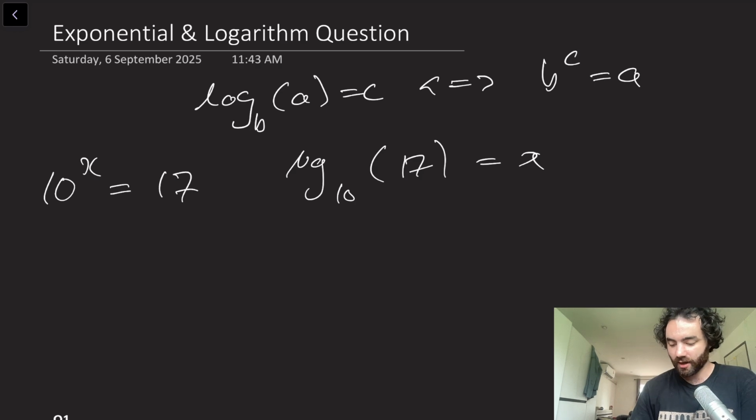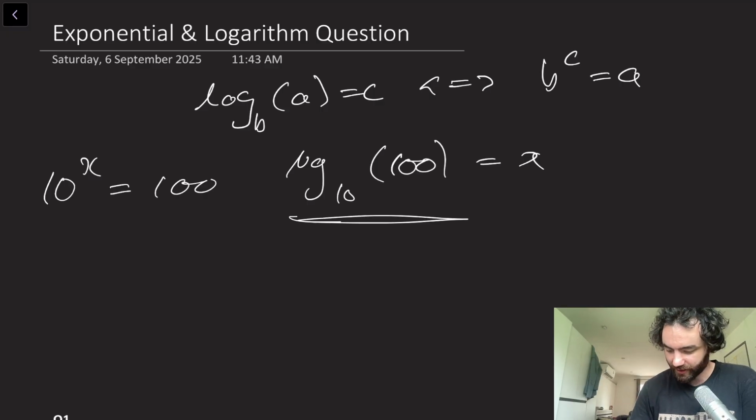And so with that simpler example, with 100, this log is asking, 10 to the power of what gives you 100? That's all it really is.